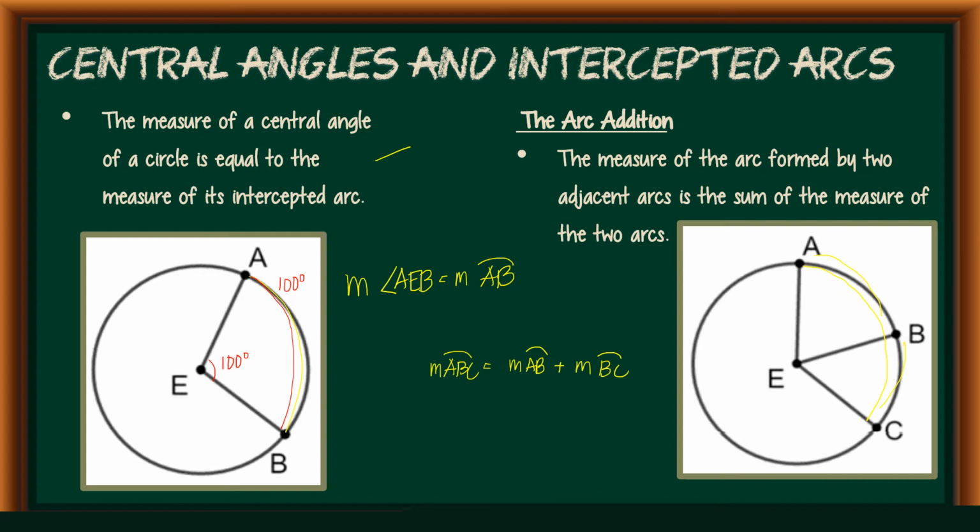So if arc AB is equal to, for example, 80 degrees, and arc BC is equal to 50 degrees, that means arc ABC is equal to 130 degrees. So by the arc addition postulate, you may add that.